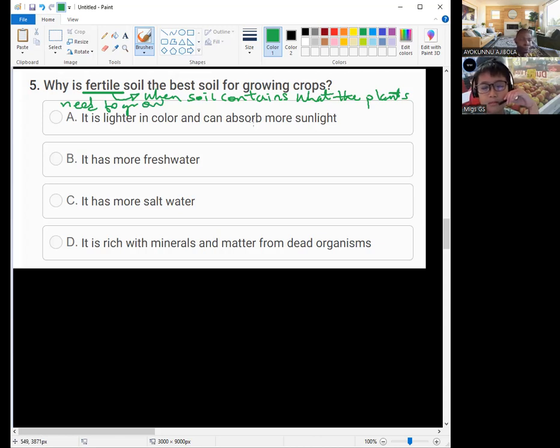And this can include organic and inorganic materials, okay? Now, which of the options would you go for? Why is fertile soil the best for growing crops?